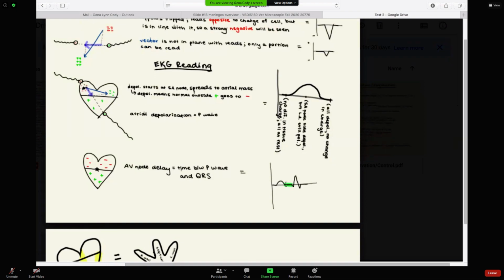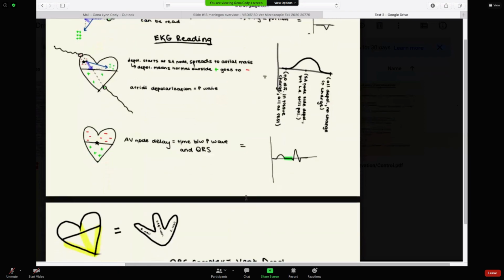This flat line where it's 0 because nothing's happening is the AV node delay. So when we talk about AV nodal blockages later, like 1st degree, 2nd degree, and 3rd degree, this is what you pay attention to a little bit more. Again, we'll talk about that later.